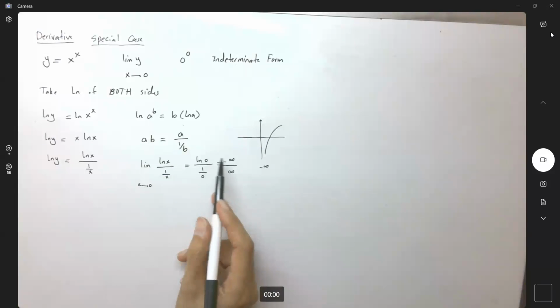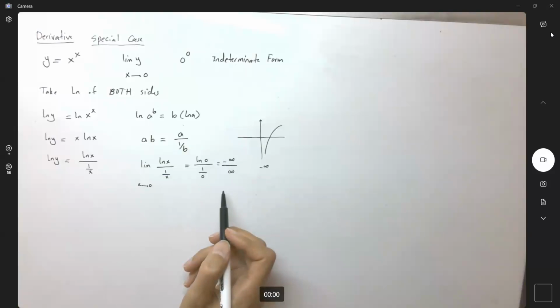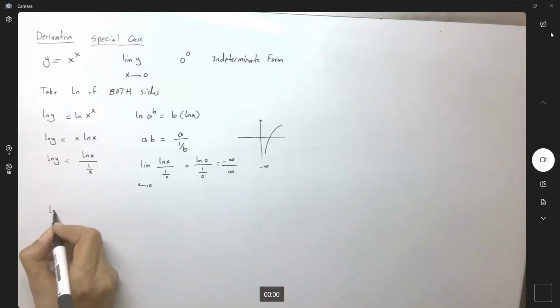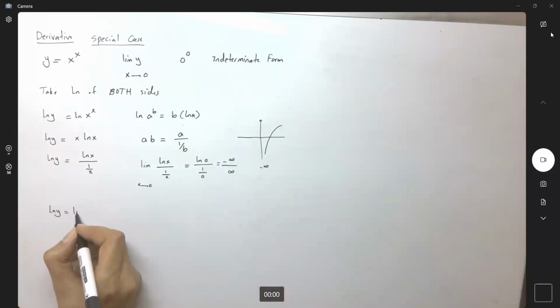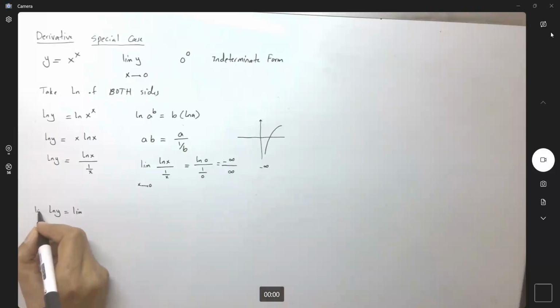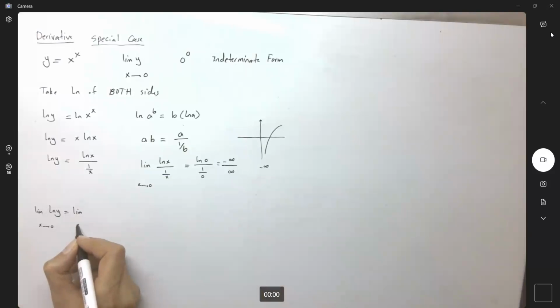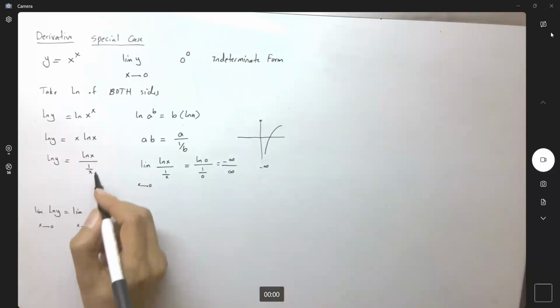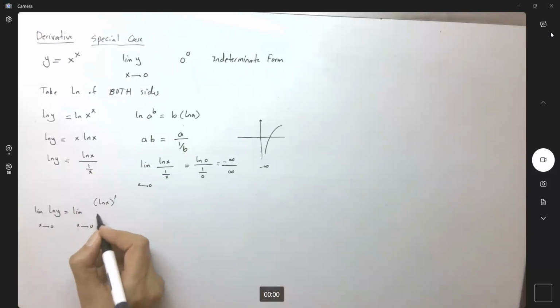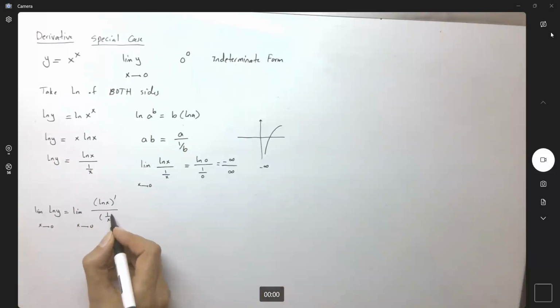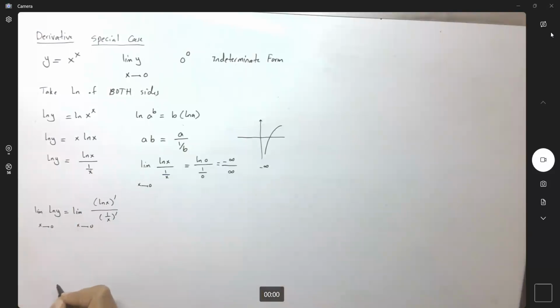We can actually apply L'Hopital's rule. So ln of y is equal to the limit, we are taking the limit of both sides as x goes to 0, of the derivative of ln of x divided by the derivative of 1 over x.